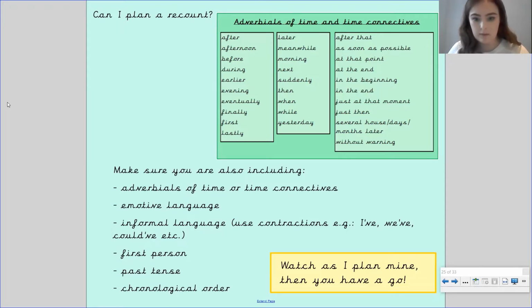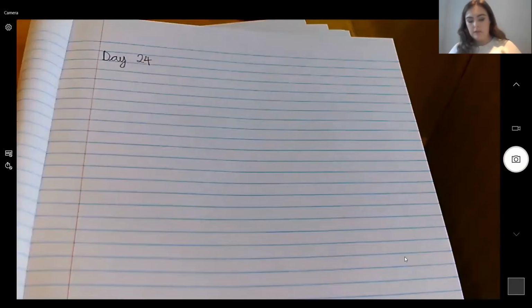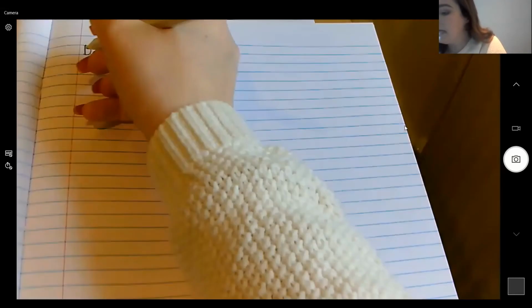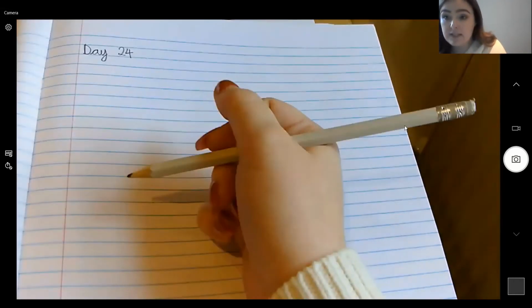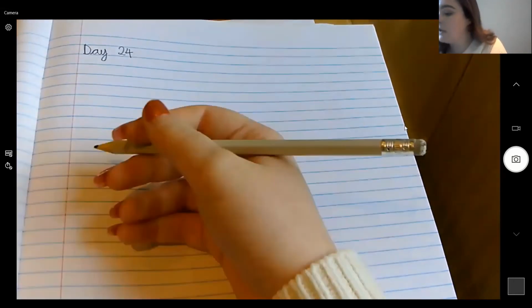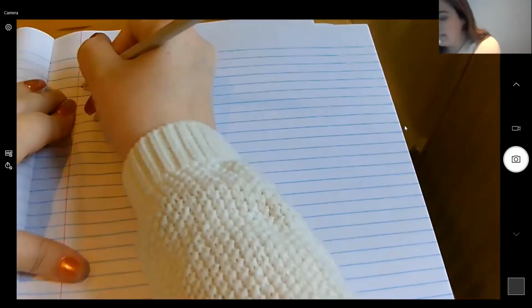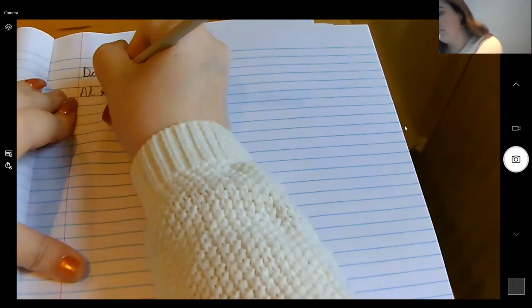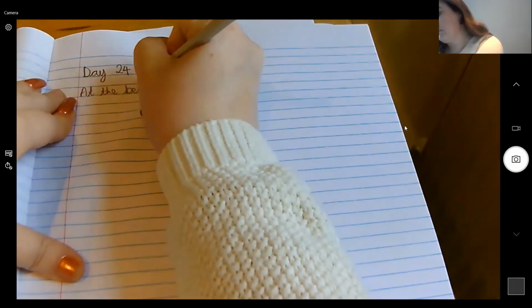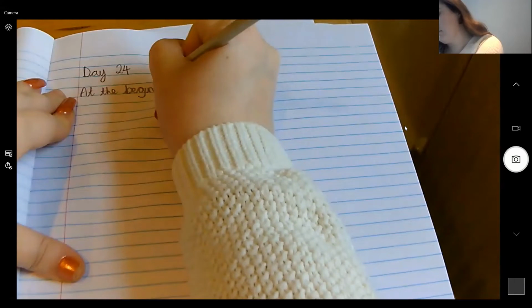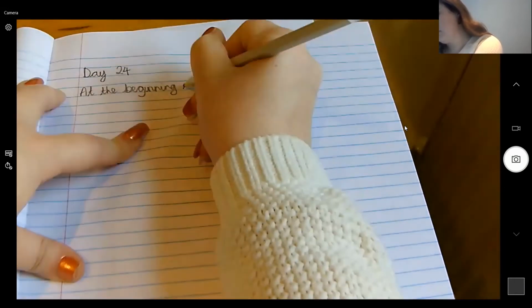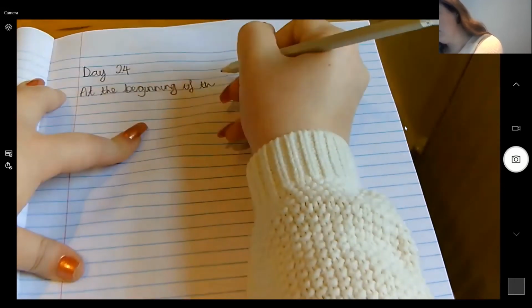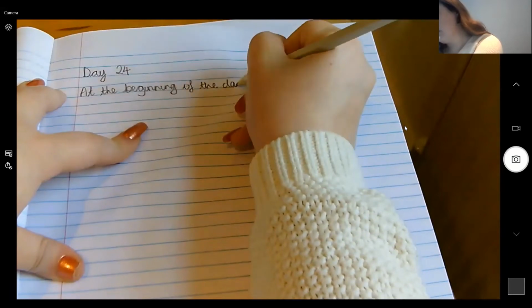Okay, let's go back to my book. Lovely. So I'm going to start off with a fronted adverbial of time. And you could use something like at the beginning of the day, firstly, one of those ones. I'm going to write at the beginning of the day, comma.